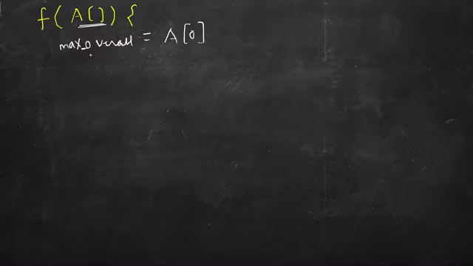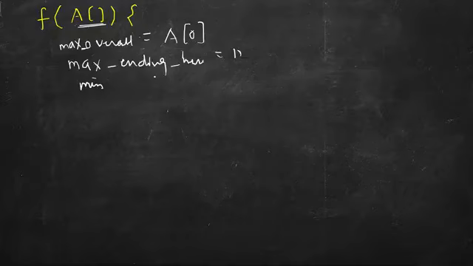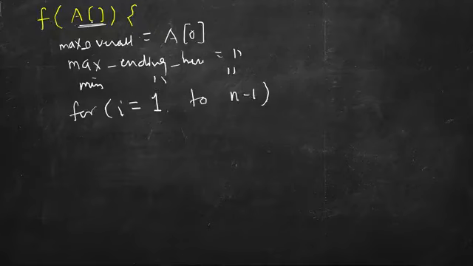So this is max overall, max ending here, this will also be the same, and min ending here, this will also be the same. Then we have to run from 1 and not 0 to n-1, where n is the size of this.